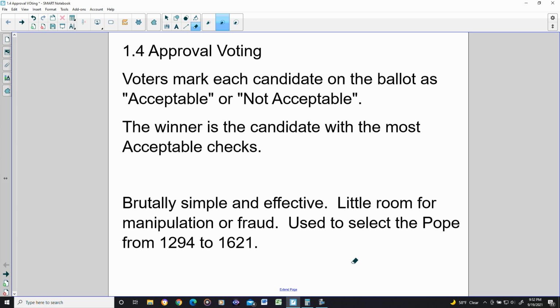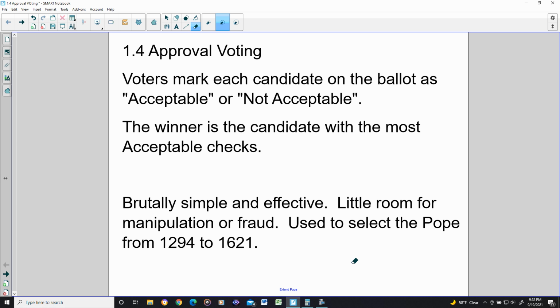And sometimes it's really difficult to make that choice, right? Especially for the uninformed. So this is an interesting method that you can use when you have just a general idea of what kind of candidate that you like.